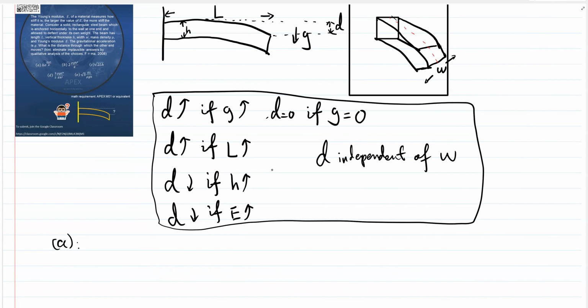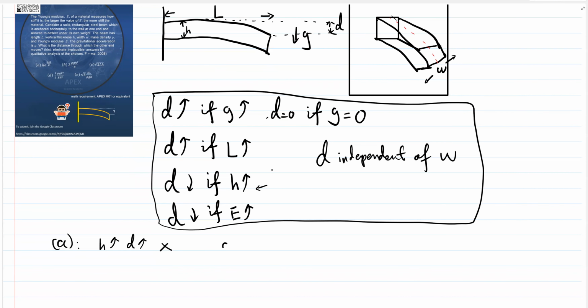And the issue is when H increases, D also increases. So that's incorrect because, as we said, when H increases, this thing is going to be less deflective, and that's common sense, right? You have a thicker tree branch versus a thin tree branch. Of course, the thicker tree branch will be deflecting less.